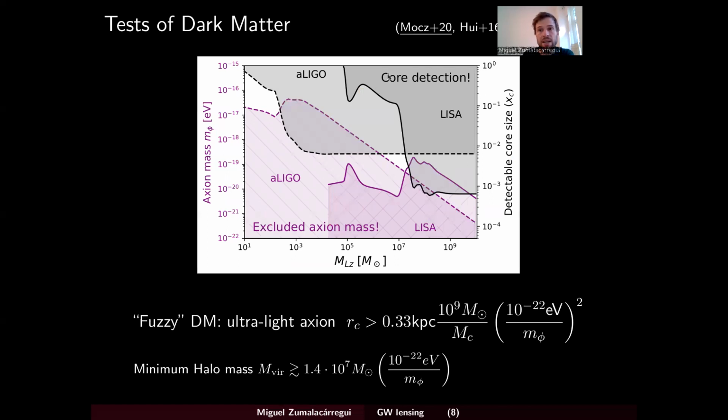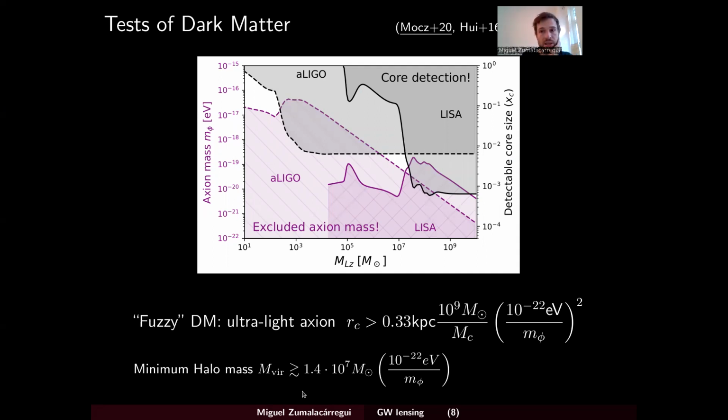But if we do not detect the core, we can immediately place some bounds on the mass of the ultralight dark matter particle. And these bounds are for LISA, if the mass of the lens is high enough, so they're sort of competitive with different bounds for this type of models. But with LIGO, because the mass of the core gets bigger for lighter halos, these constraints can be pretty significant.